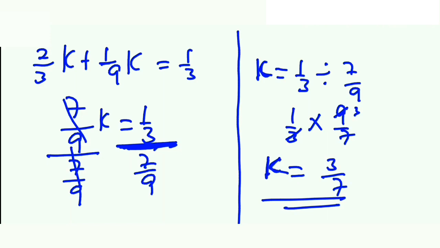So let us proceed to find the value of H. Now that we have the value of K, we have to substitute it to find the value of H, either using equation 1 or equation 2. So let us find H using equation 2.